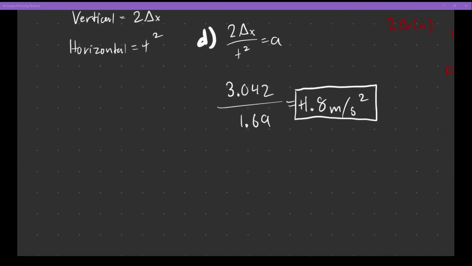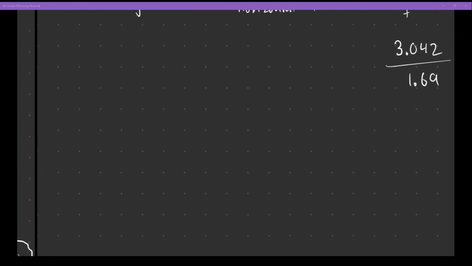Alright, moving on to part E now, asking us to derive an expression for mu_k. So I'll set up the net force in the x direction, which is F_x minus F_k equals m a_x. F_x is just F cosine theta, while F_k is F_N mu_k.